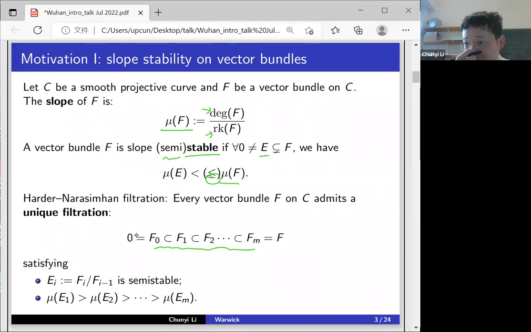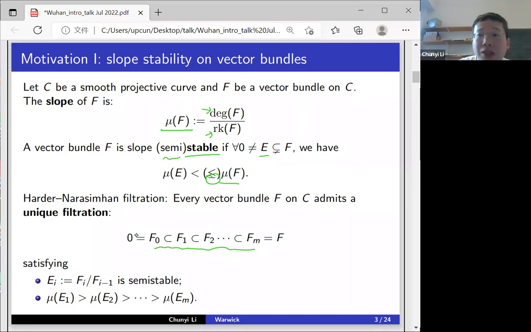Given a vector bundle, even if it's not semi-stable, we can choose the sub-vector bundle with the largest slope, and it maps into this larger one. You can show that whenever the sub one has the maximum slope, the quotient is also a vector bundle.